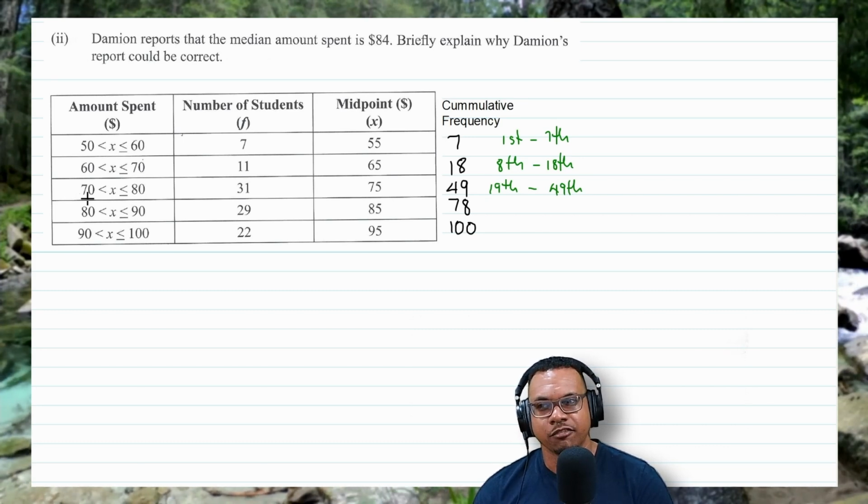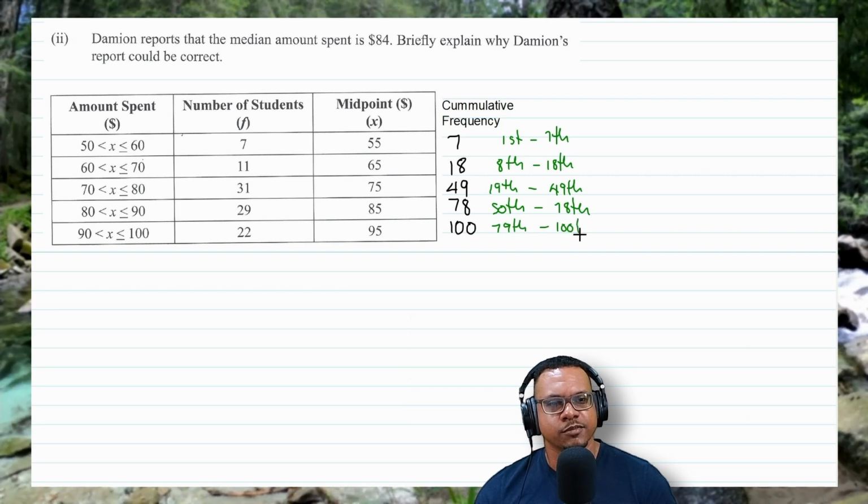Now remember the median is halfway, right? So half of 100 is 50. So now my 50th term to my 78th term would be within this class interval, 80 to 90. Now I don't have to go any further because this will have everything I need. But if you want to go further, the 79th term to the 100th term would lie within this class interval, 90 to 100.